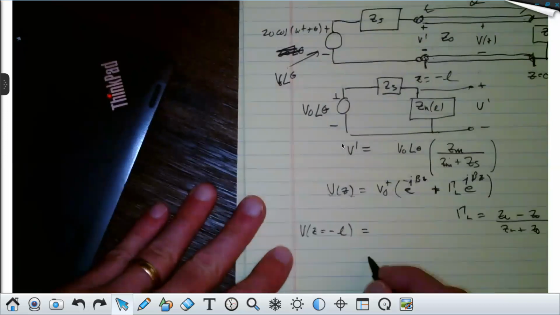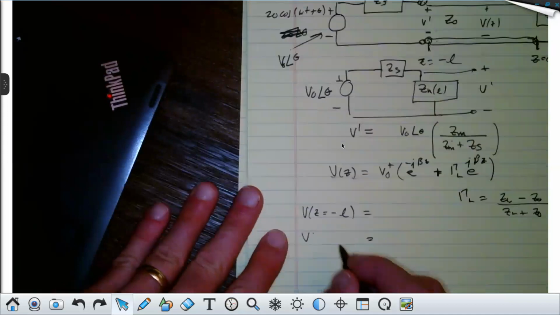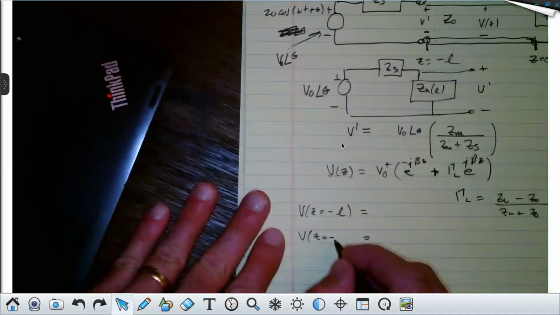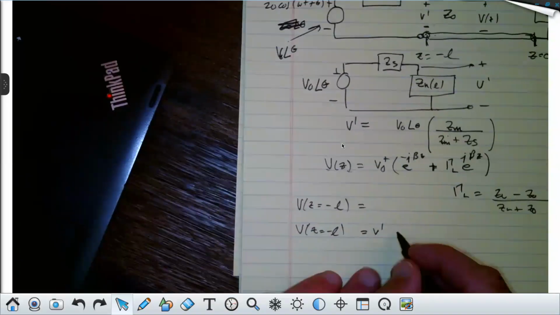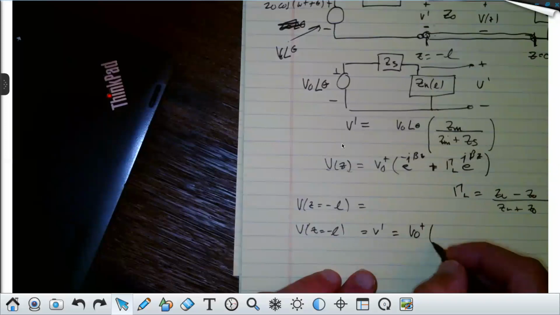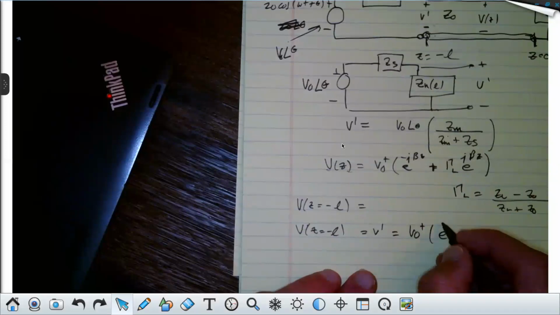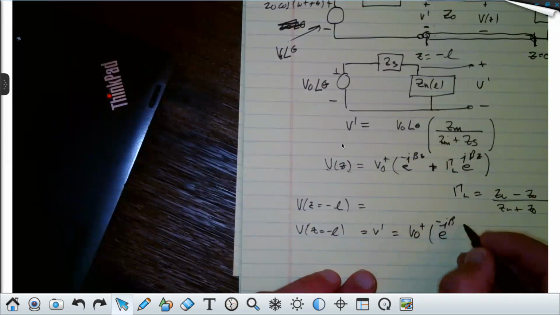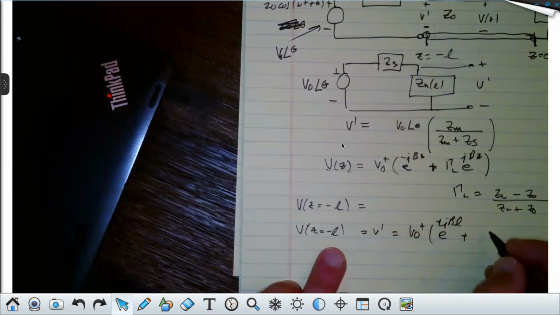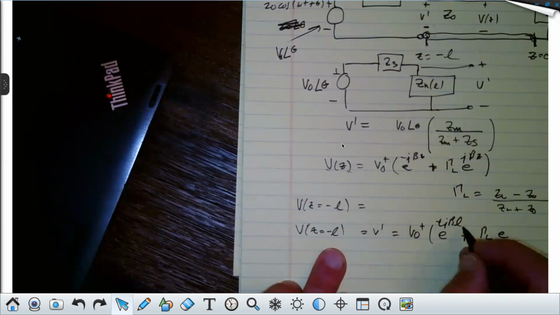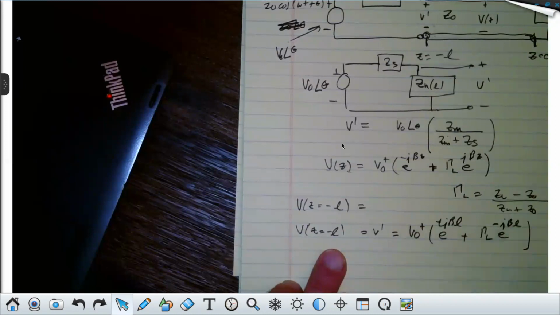That's the V prime that I've calculated earlier, and that's got to be equal to V0 plus e to the, before it was minus j beta z, but because z is minus L, this becomes plus j beta L, plus the reflection coefficient at the load times e to the, normally it's plus j beta z, but because z is minus L, it would be minus j beta L. Can everybody follow me on that?